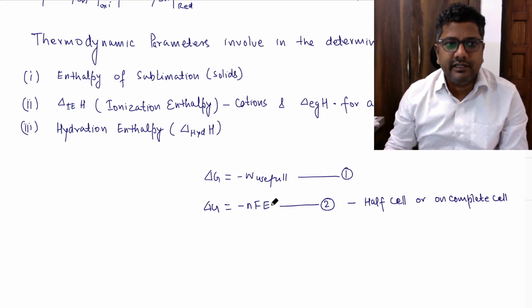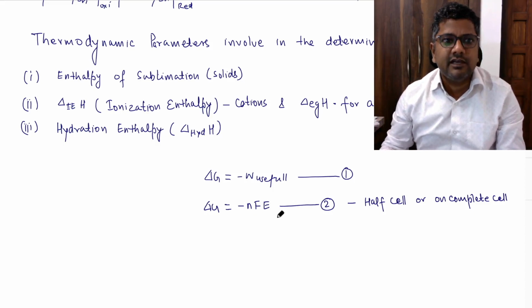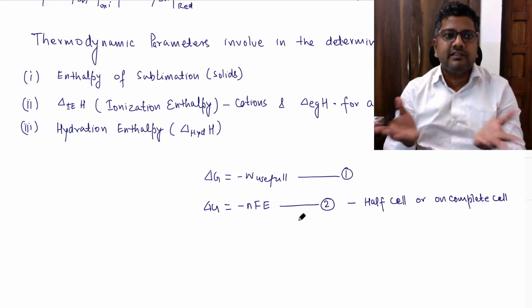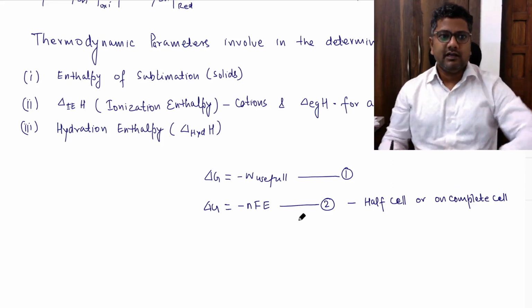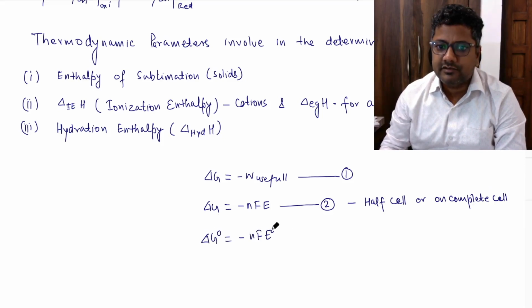When you are using it on the half cell, this will give you the electrode potential, and if you are applying it on the complete cell, then this will give you the EMF, right? And under standard condition, delta G naught is equal to minus n F E naught. So these are the important formulas used in this chapter.